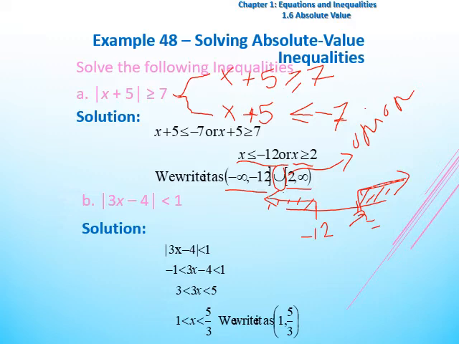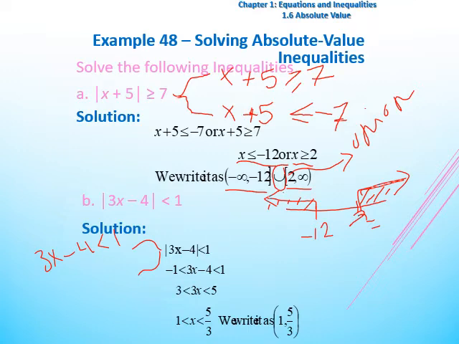Let's move to another example for the absolute value inequalities. Here, if we have the absolute value of 3x minus 4 less than 1, now we will use this inequality and get two inequalities. The first is 3x minus 4 less than 1, with the same sign and the same direction.